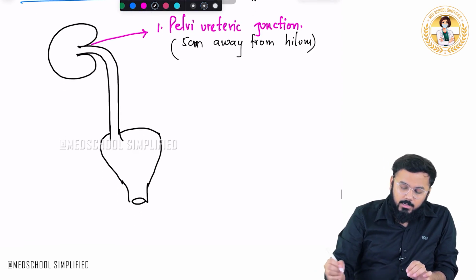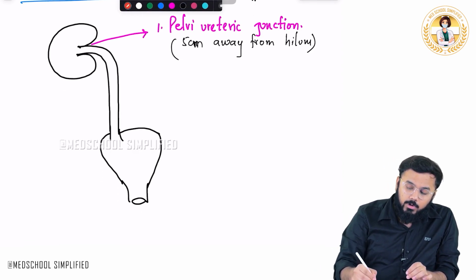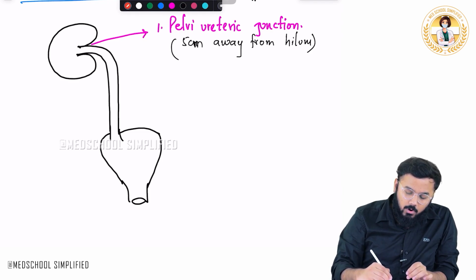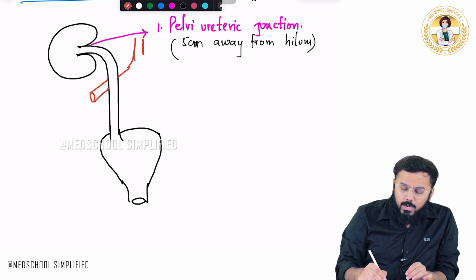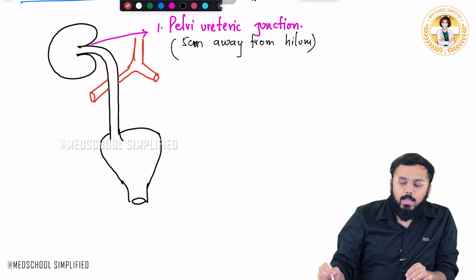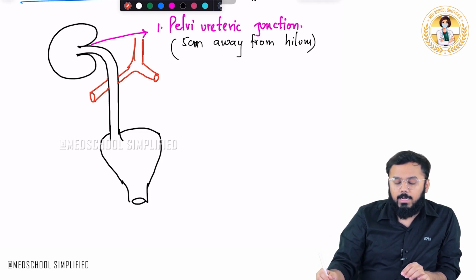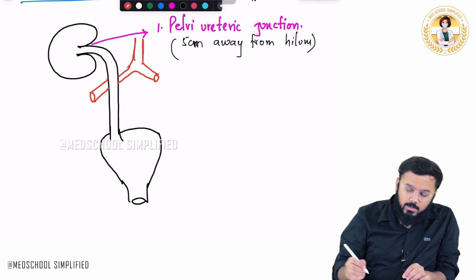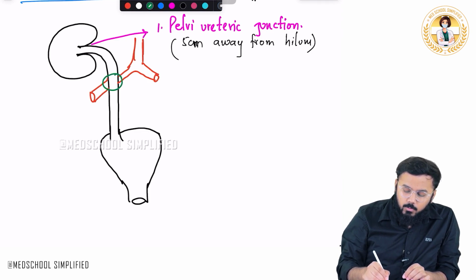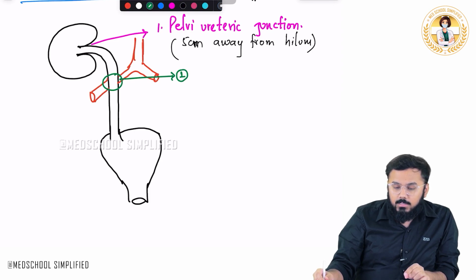The second important constriction: here you have an artery like this. This is your abdominal aorta. The abdominal aorta divides into two common iliac arteries, one called the right common iliac and the other the left common iliac. Exactly this point is called the second constriction. Where is this constriction happening?